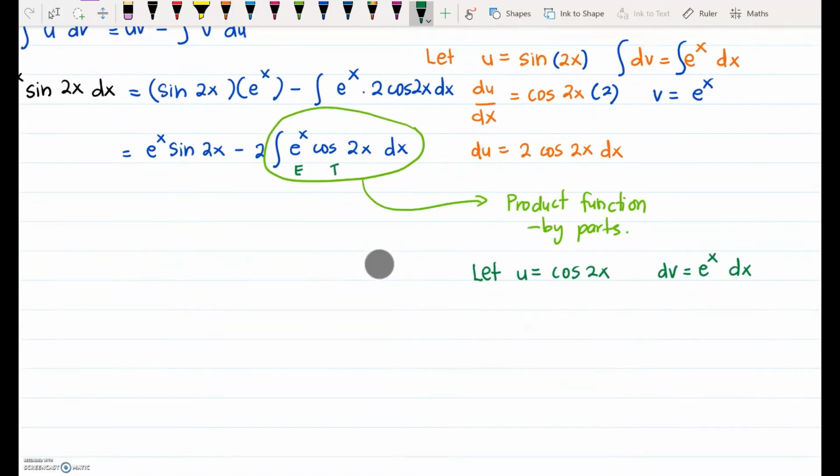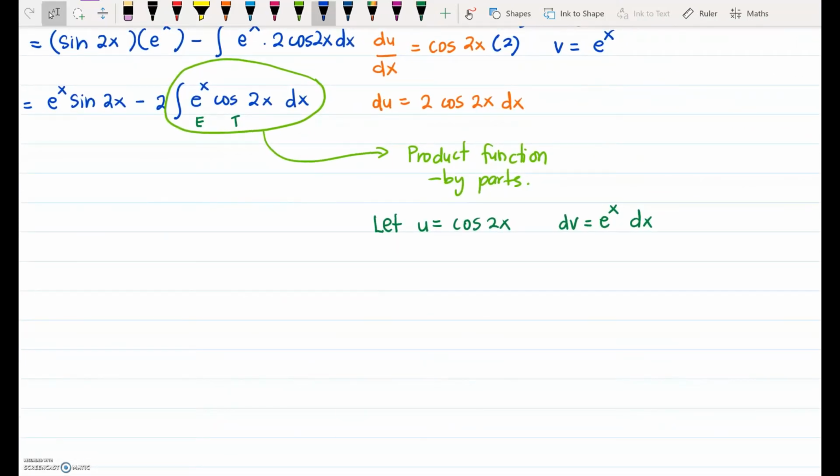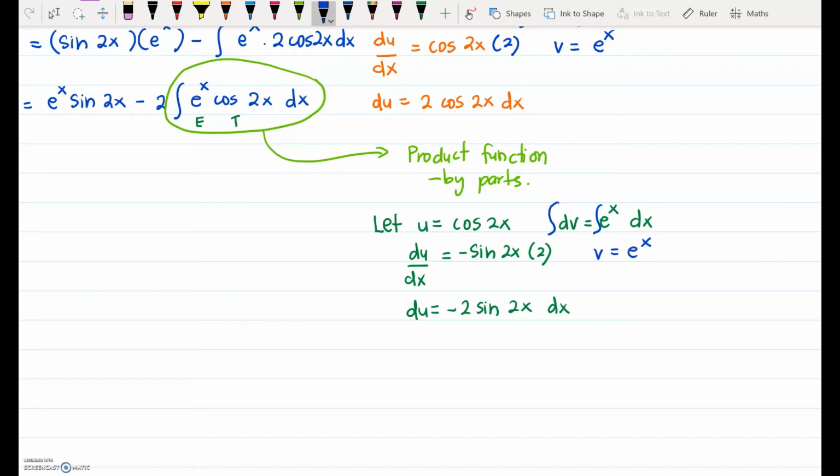Now du/dx is negative sine 2x times 2, so your du is negative 2 sine 2x dx. Then we need to integrate your dv, and v is e^x.